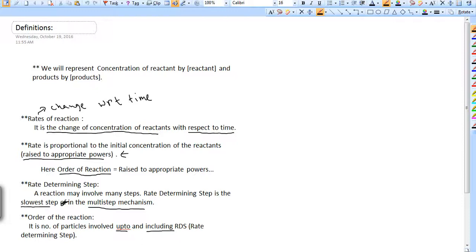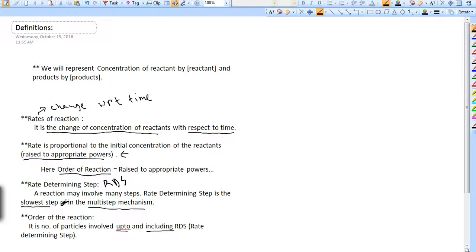What does the term rate determining step, or RDS, mean? A reaction may involve many steps. The rate determining step, or RDS, is the slowest step in a multi-step mechanism. If a reaction involves a multi-step mechanism, the slowest step is the rate determining step.